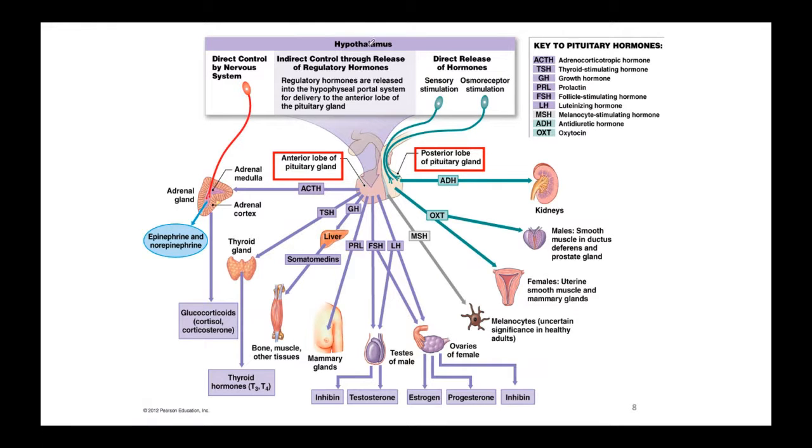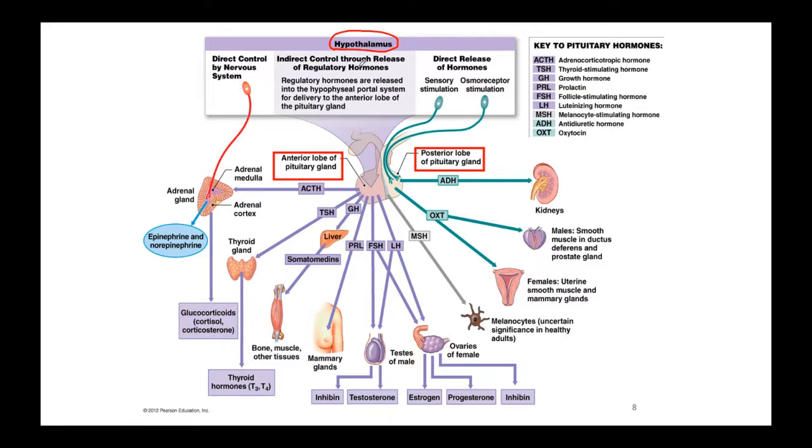Now, remember the hypothalamus is below the thalamus, and it's involved in secreting either stimulatory hormones or inhibitory hormones. So it can send a hormone to the pituitary that may be like a thyroid releasing hormone or a thyroid inhibitory hormone.